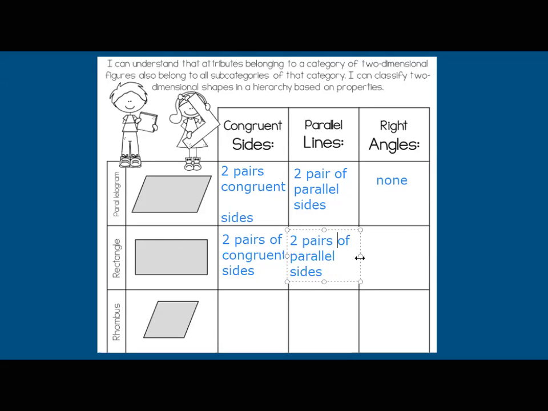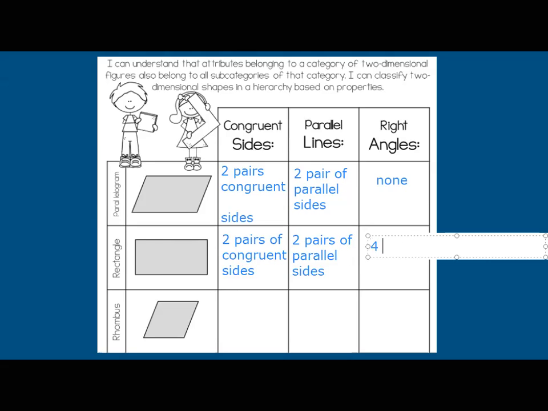And the last thing we want to look at is, does the rectangle have right angles? I see one right angle, two, three, four. So it has four right angles.